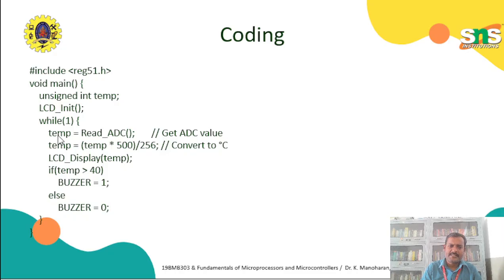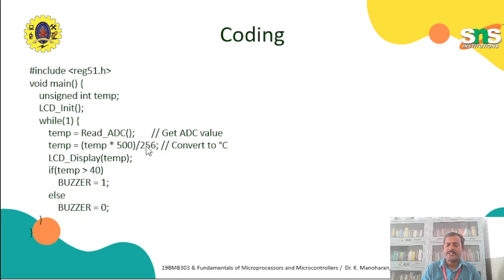I'm taking temp equal to read ADC, because the sensor output is connected to the ADC. The ADC output will be the actual temperature. So temp = readADC. After that I am converting into Celsius. So temp = temp * 500 / 256. This is the value I am taking as the Celsius.